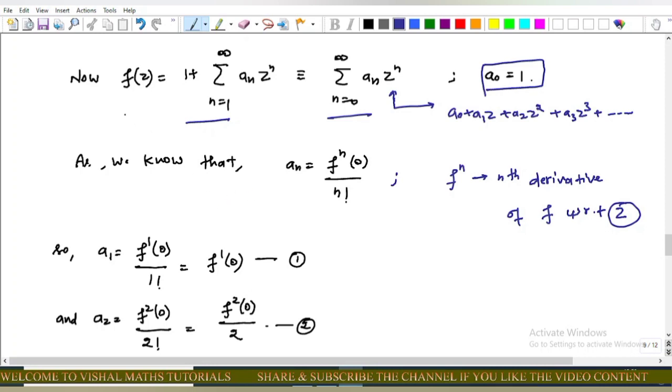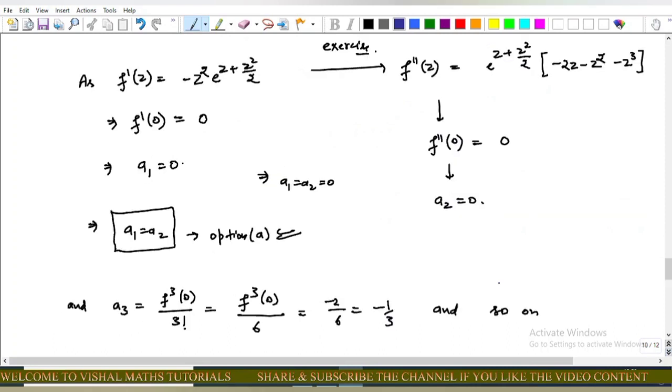Now if f(z) is equal to this expression, we can say that an must be equal to f n at z equal to 0 upon n factorial, where f n means the nth derivative of f with respect to z. So using this result, we can find a1 and a2. That is, a1 is equal to f1 at z equal to 0 upon 1 factorial. That is, f1 at z is equal to 0. Say equation 1. Similarly, a2, say equation 2.